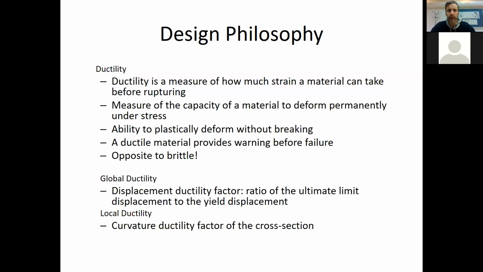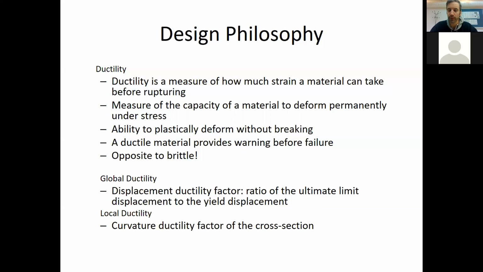Okay, and in the 60s and 70s, for example, when people designed structures for earthquakes, they were just trying to make them as strong as possible, meaning as stiff as possible.